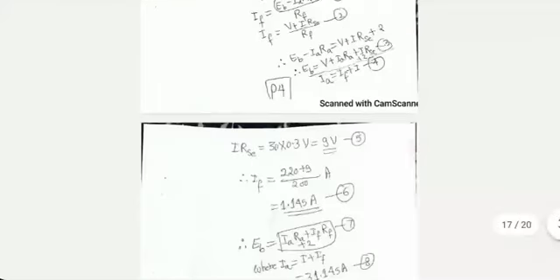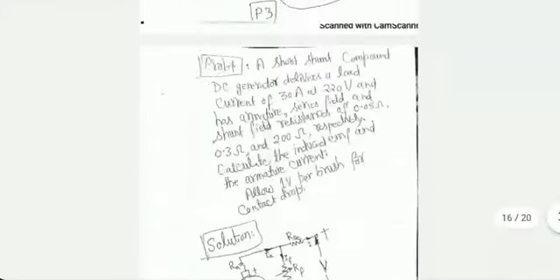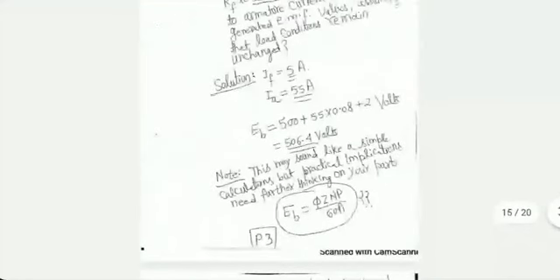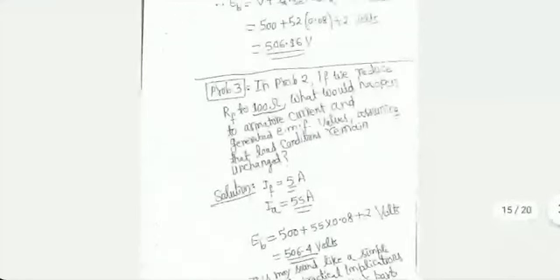It is still 506.4 volts, while in the previous case it was 506.16 volts, almost the same. And EB is phi ZNP by 60A, and phi has gone up because IF has increased by a factor of 2.5. So phi would be going up by almost the same factor.